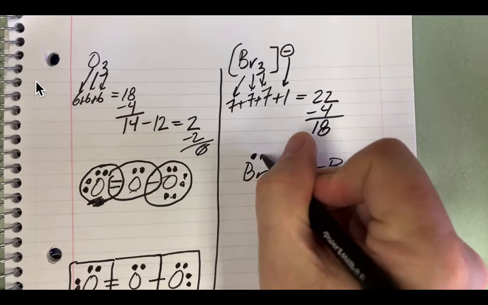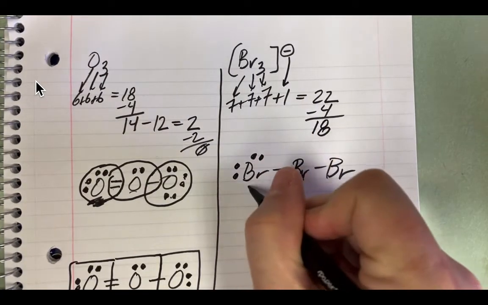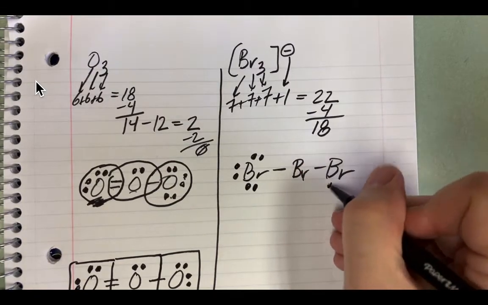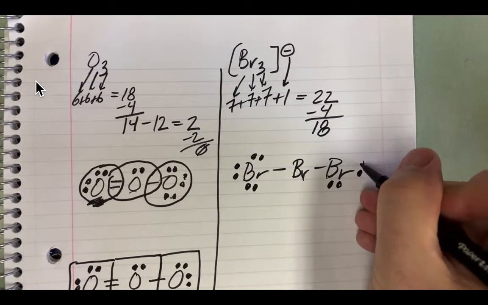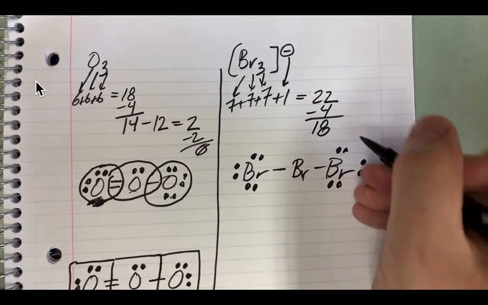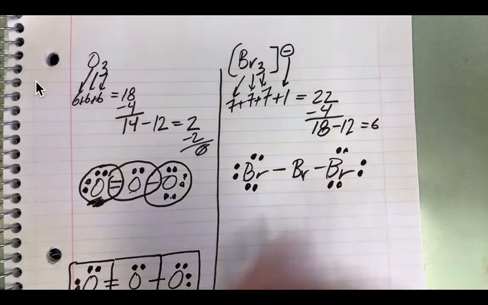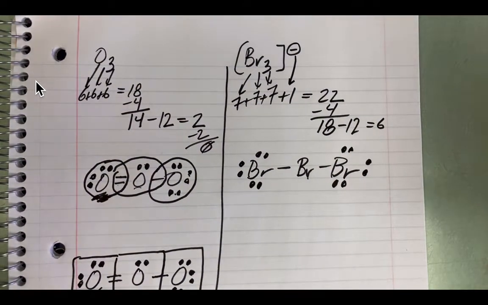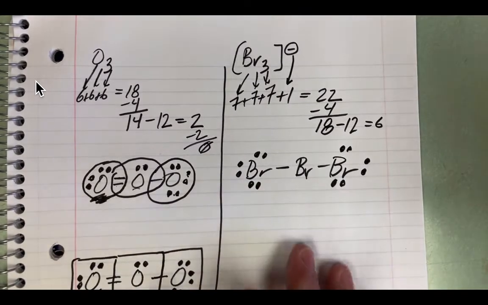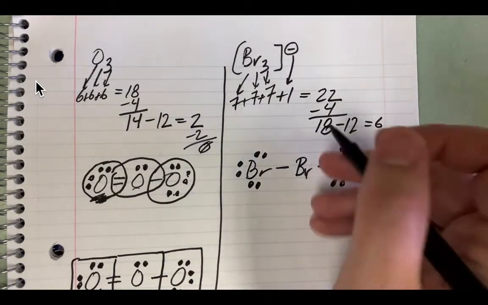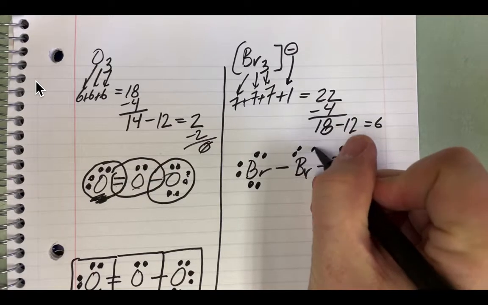I go to the outer atoms, 2, 4, 6, 8, 10, 12. That leaves me with 6 electrons to assign. The outer atoms are happy. Any extra electrons at this point, without even thinking about it, get dropped onto the central atom.